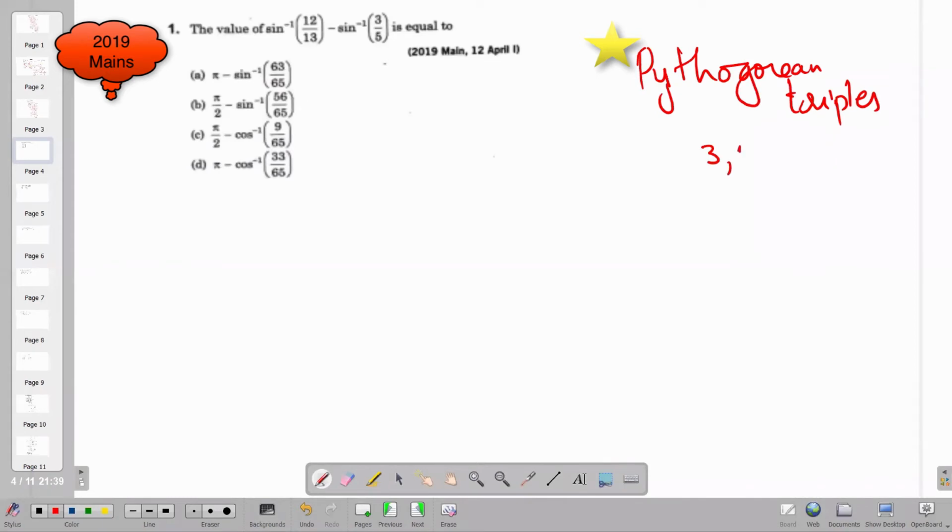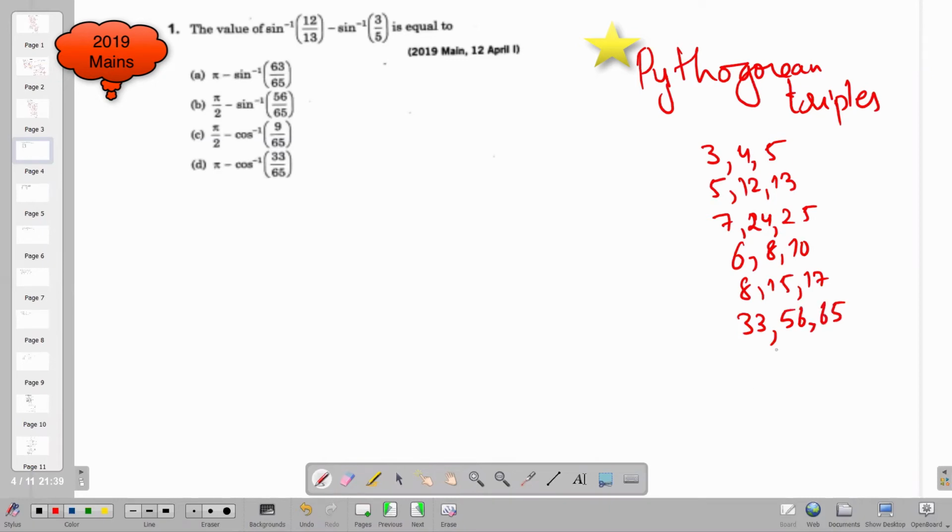A few of them are 3, 4, 5; 5, 12, 13; 7, 24, 25; 6, 8, 10; 8, 15, 17. These are very common Pythagorean triplets. Also 33, 56, 65; 20, 21, 29; 20, 99, 101; 17, 144, 145. These are very common Pythagorean triplets.